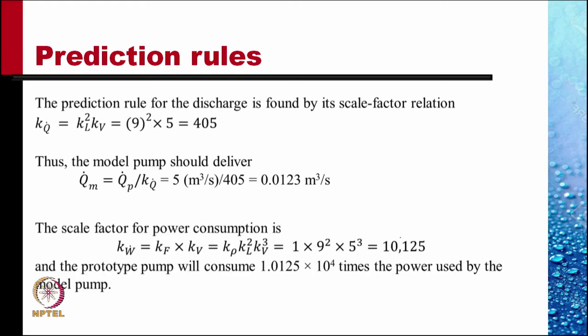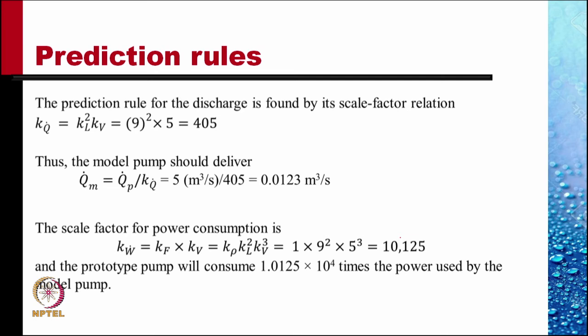The scale factor for power consumption is kW dot. The power is force times the velocity. So kW dot is equal to kf times kv. And we use k rho, kl square, kv square for kf, the inertial force factor. All forces are the same.